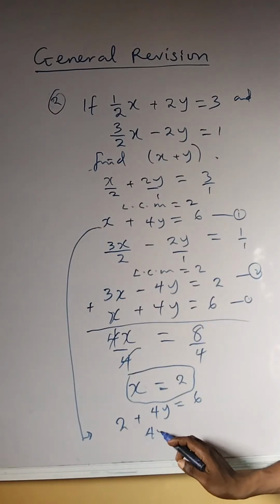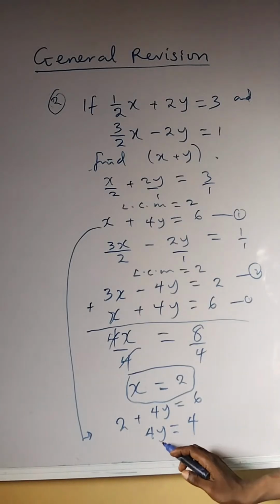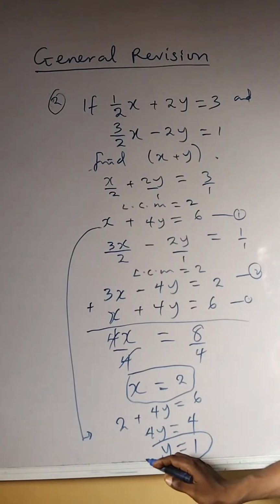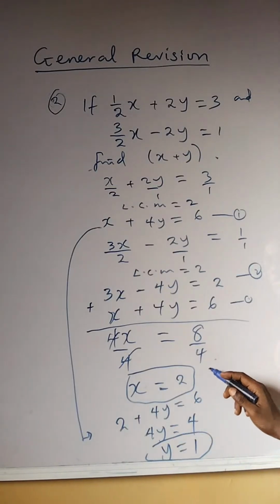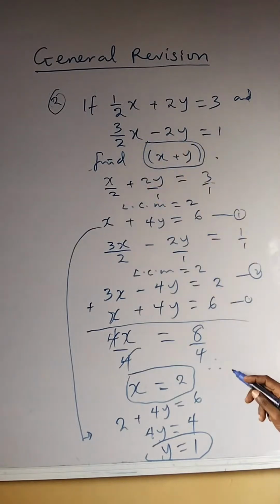So we have 4y equals 6 minus 2, that's 4. Divide both sides by 4, y equals 1. So we have y equals 1, x equals 2. Therefore, what you are finding, which is x plus y, will be equal to 2 plus 1, and that's 3. So therefore, the solution here, x plus y equals 3.